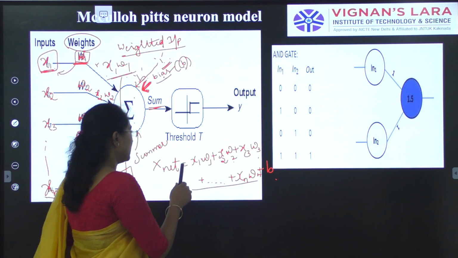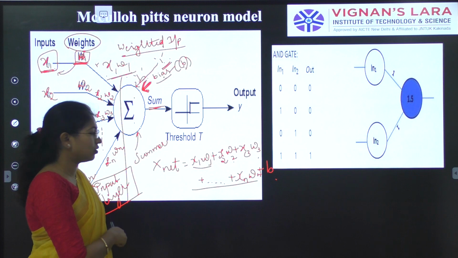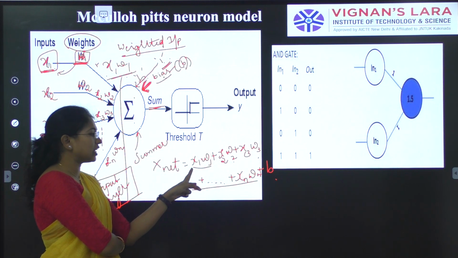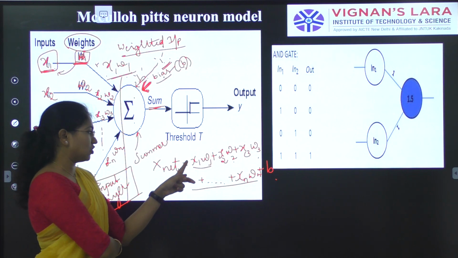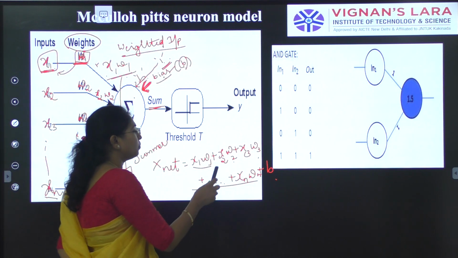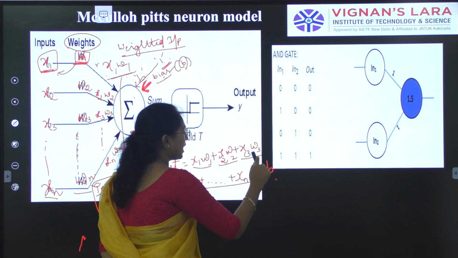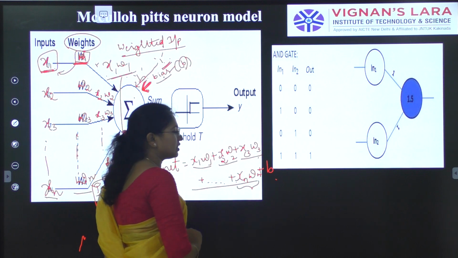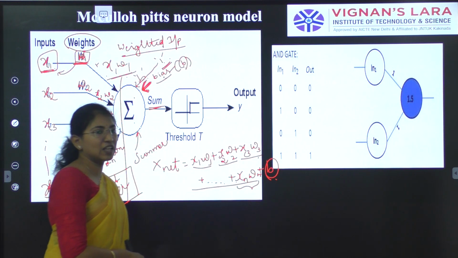So this is the net input that we collect at the summation block. The first weighted input is X1 W1, where the input is X1 and the weight is W1. The second is X2 W2, the third is X3 W3, and so on. The nth is Xn Wn, plus B, the bias value.